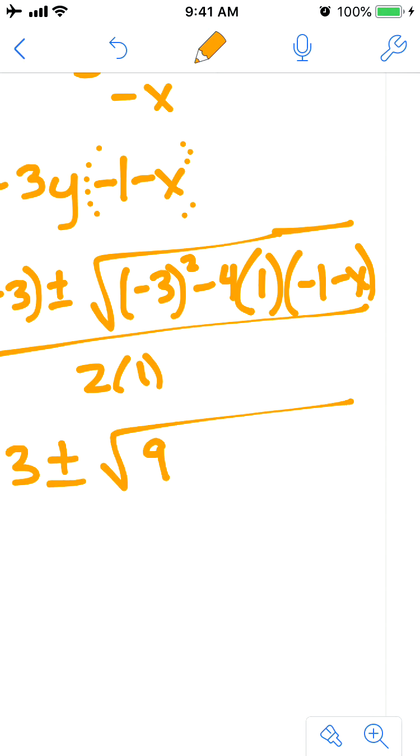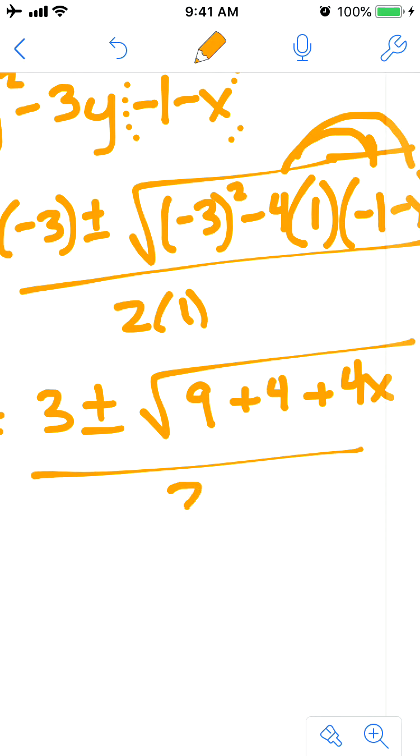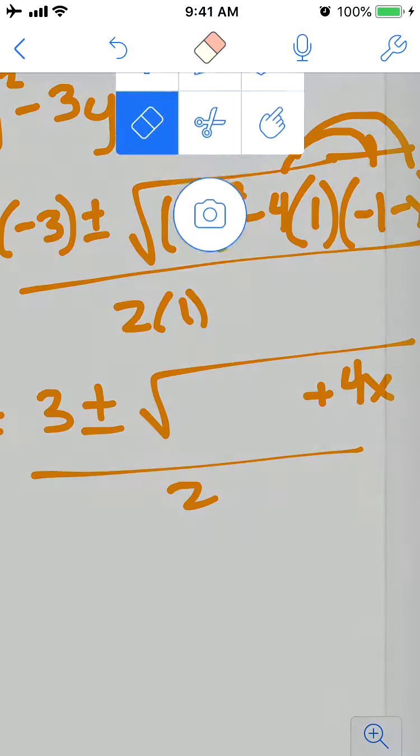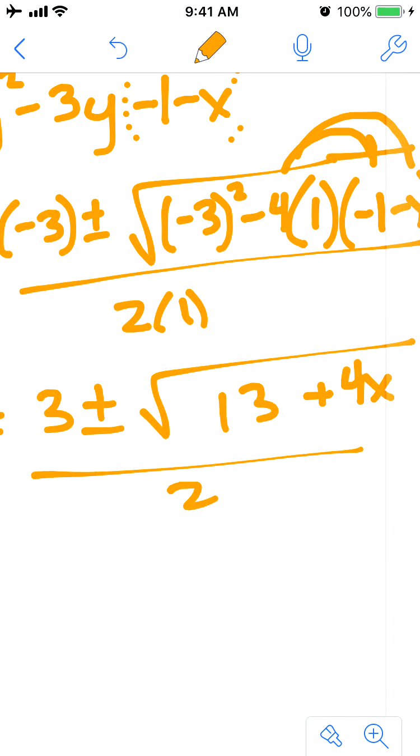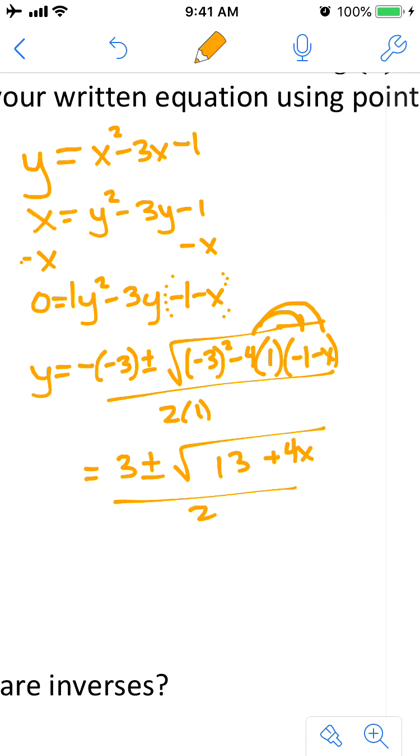So negative 4 times 1, that's just going to be negative 4, right? So now I have to worry about distributing that in. That negative 4 is going to both of them. So it's going to be plus 4 plus 4x, right? Negative 4 times negative 1 gives me the 4. Negative 4 times the negative x gives me the 4x. All over 2. Last little thing I can do is maybe make this 13. 9 plus 4 is 13. And I think that's it.